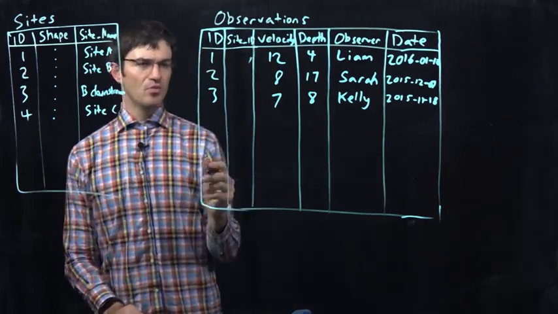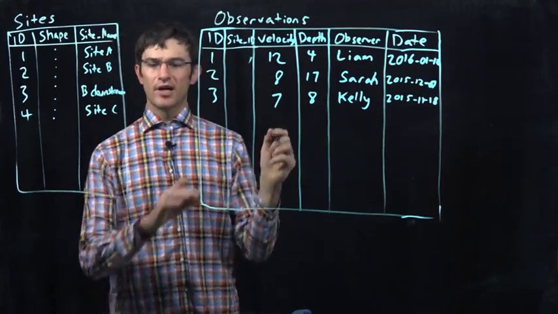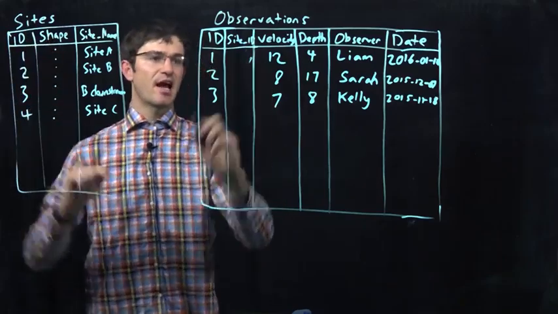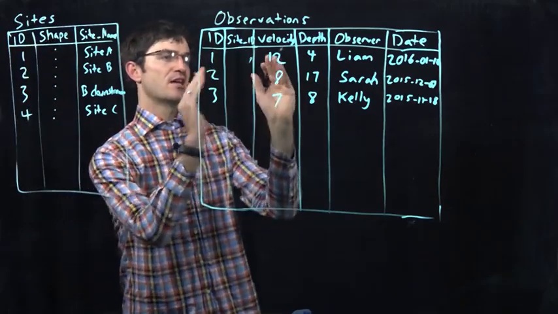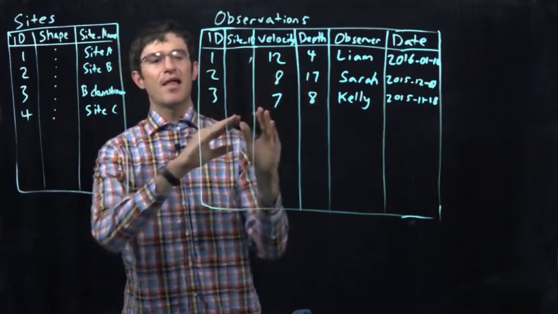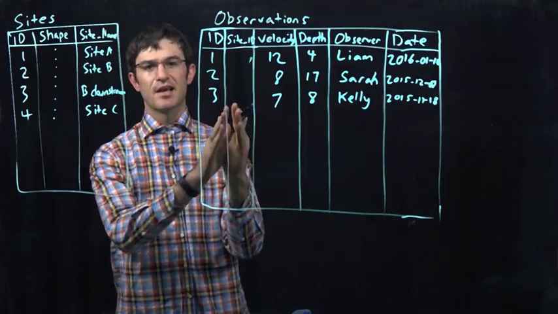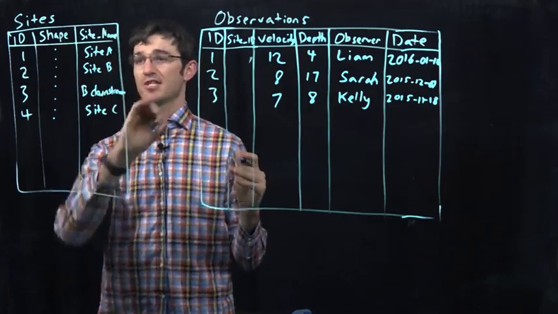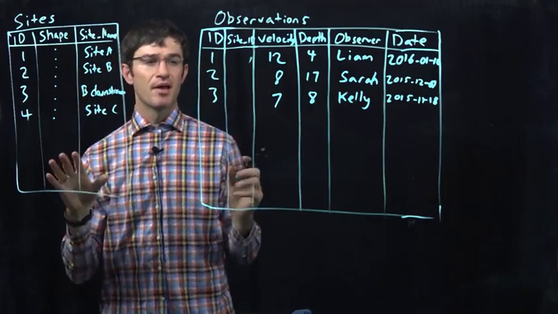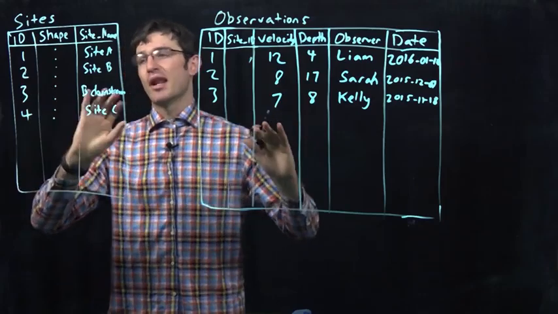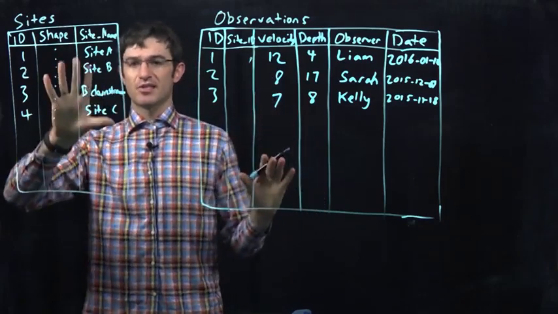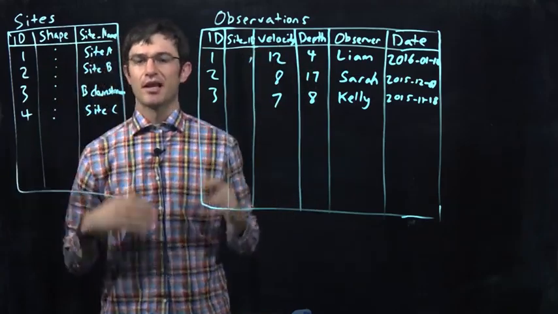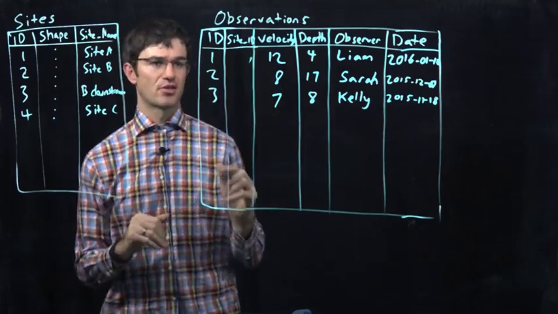And what we get with that is we're going to reference the ID field of the sites table in our site ID field to say this velocity, this depth measurement occurred at the site with this ID, and then we're going to bring those together in ArcGIS when we need to know information about the site, such as its location or its name. And in ArcGIS in particular, we'd actually go in the direction of starting with the sites table that has the location and attaching this information in that direction. In a lot of database systems, you might start on this other side.